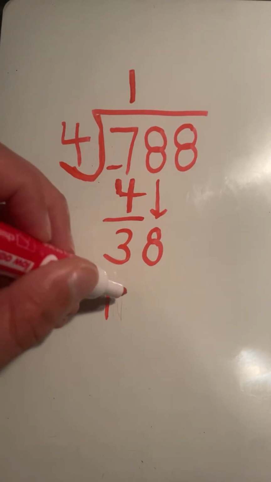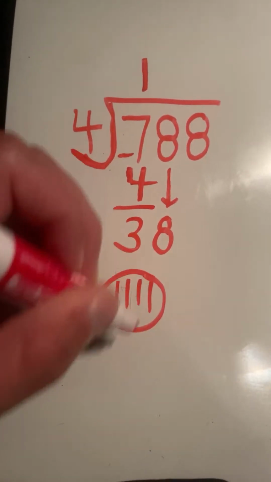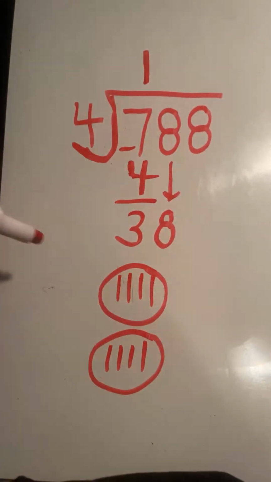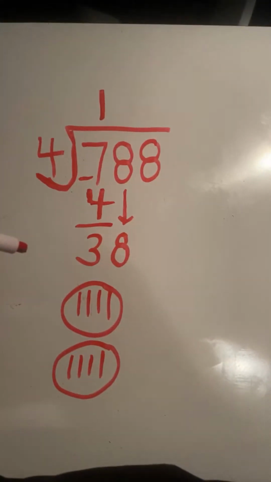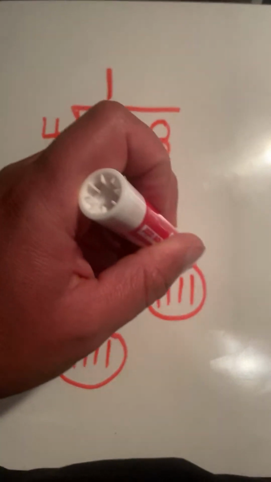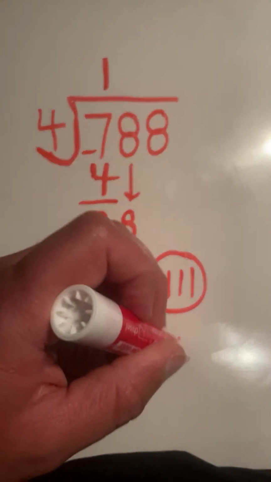1, 2, 3, 4. That's one group of 4. 5, 6, 7, 8. Two groups of 4. 9, 10, 11, 12. We are at 3 groups. 13, 14, 15, 16.